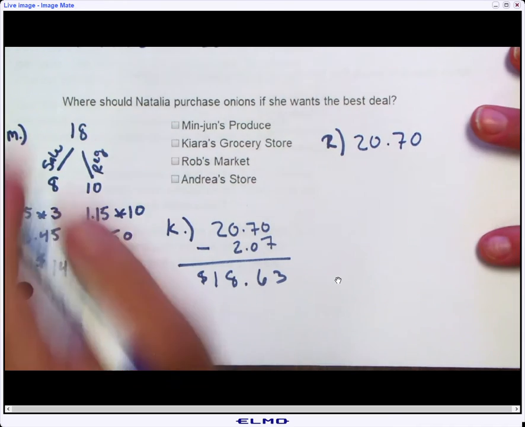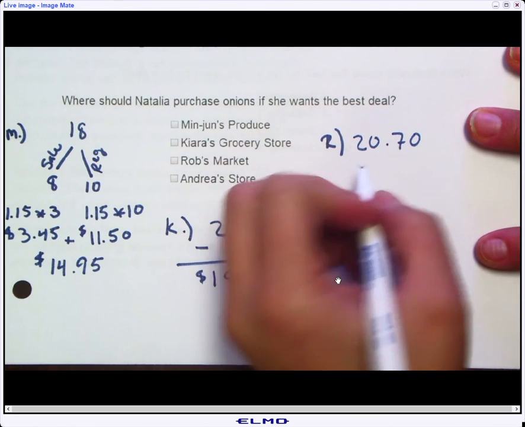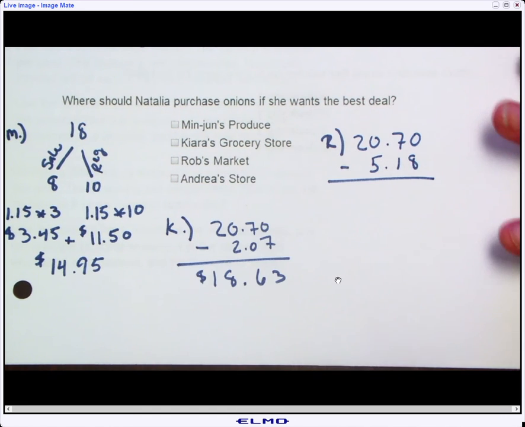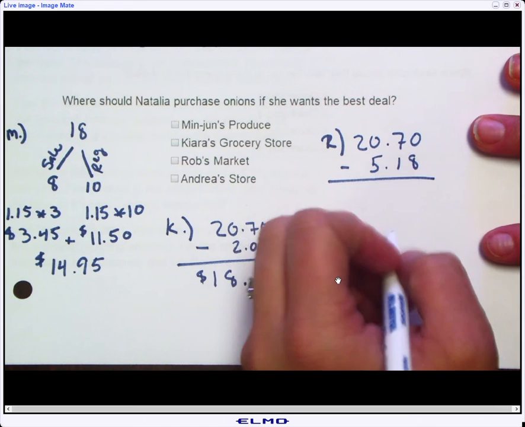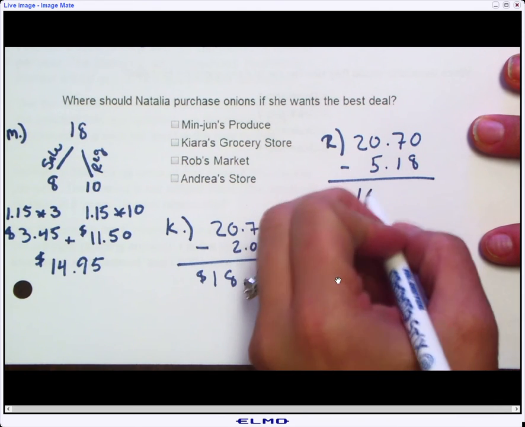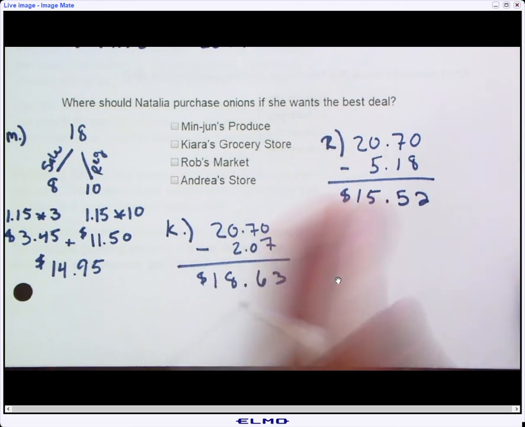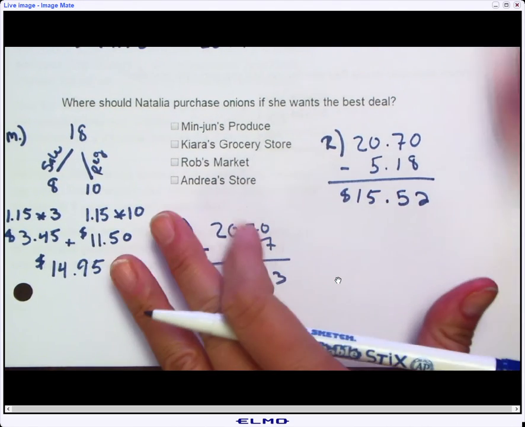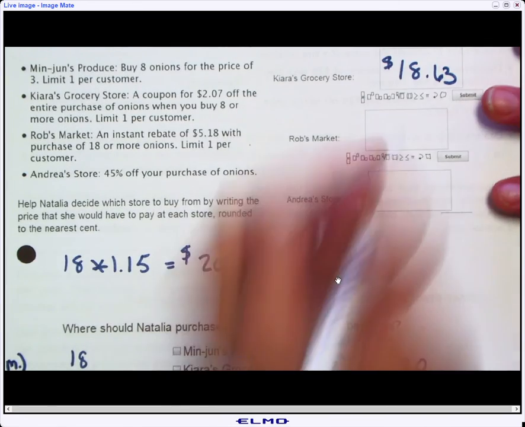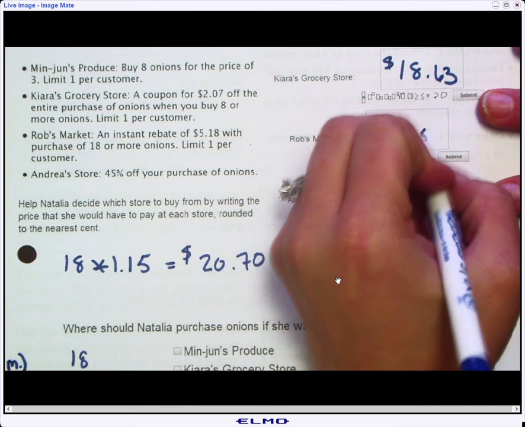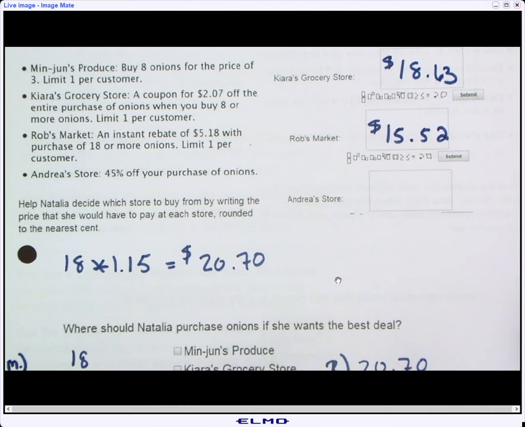I'm going to take my instant rebate, my coupon of $5.18, and subtract them off. And when I put them in my calculator, I get $15.52. So if I went to Rob's Market, that's what the onions would cost me. I'm going to go ahead and put that in the box. Okay, so we've done 3 of the 4.